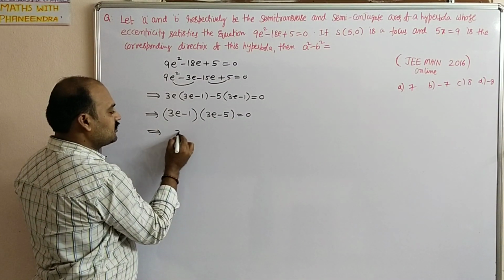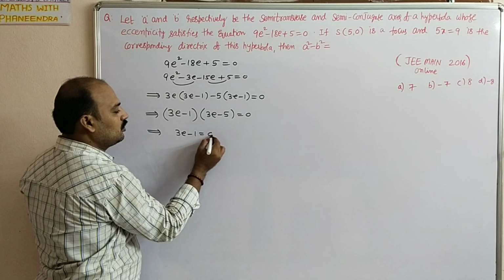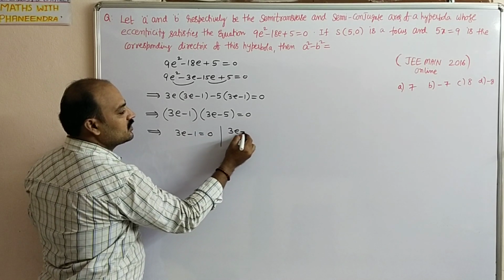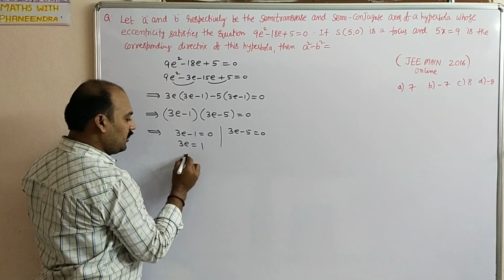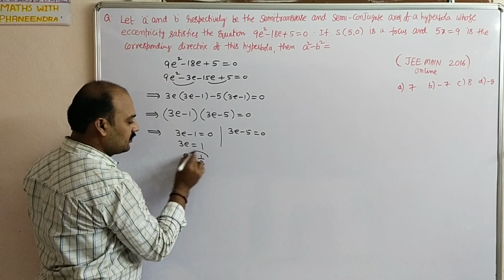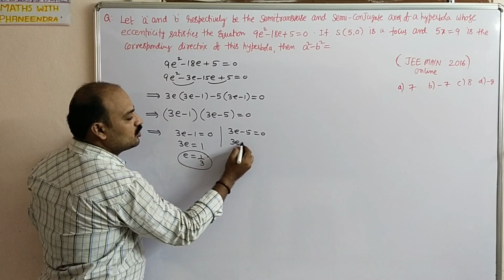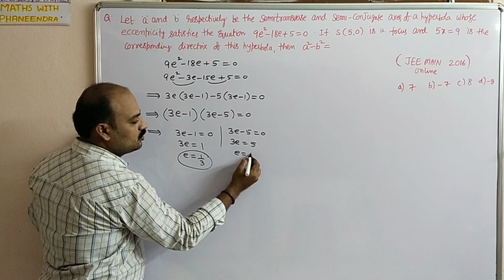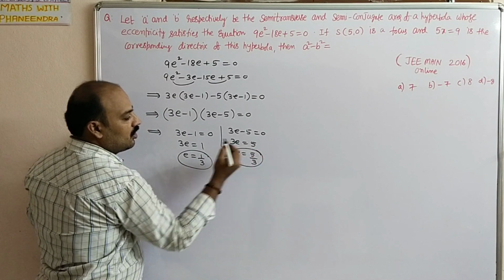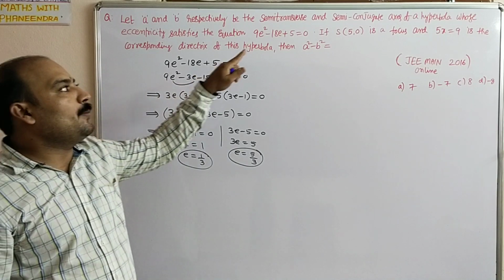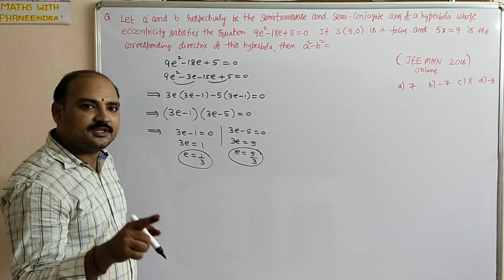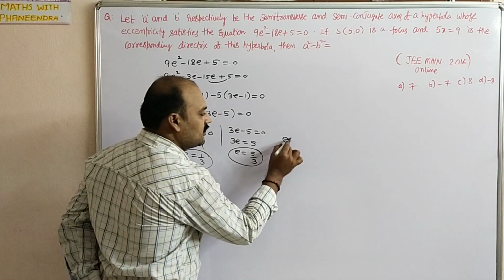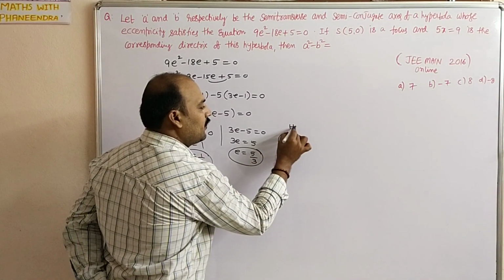So that implies 3e minus 1 equal to 0 and 3e minus 5 equal to 0. 3e is equal to 1, e is equal to 1 by 3, and 3e is equal to 5, e is equal to 5 by 3. Whenever it is hyperbola eccentricity, we know that eccentricity is greater than 1 for a hyperbola.